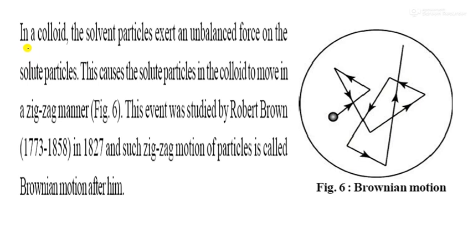In a colloid, the solvent particles exert an unbalanced force on the solid particles. This causes the solid particles in the colloid to move in a zigzag manner. This was studied by Robert Brown in 1827, and such zigzag motion of particles is called Brownian motion after his name. So you can learn this one also.